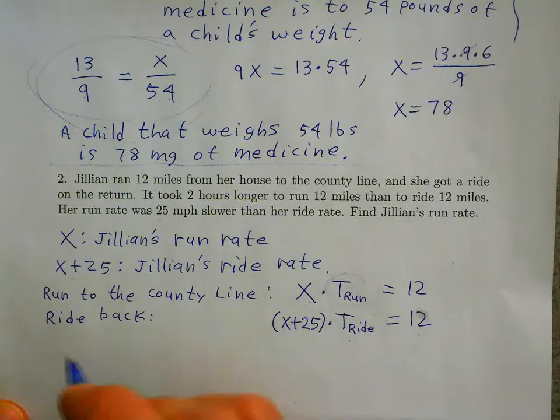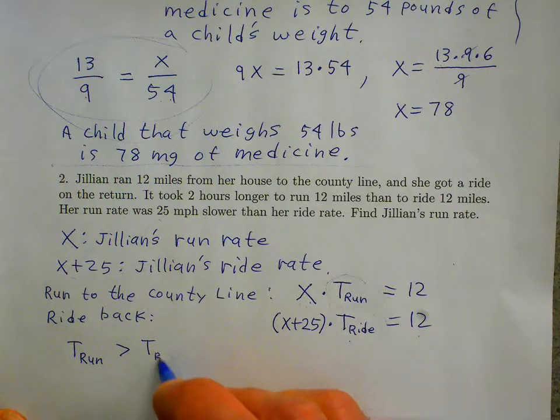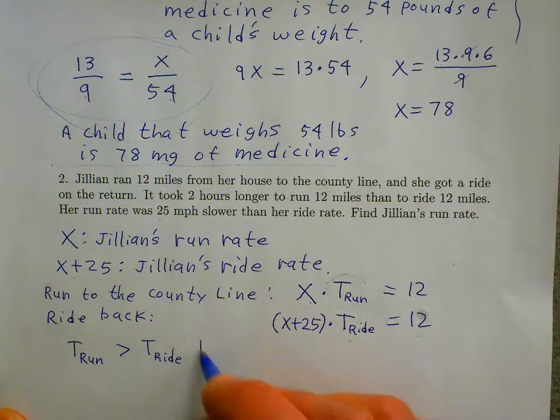So that means, in terms of our variable assignments, T sub run is greater than T sub ride by 2 hours, right?